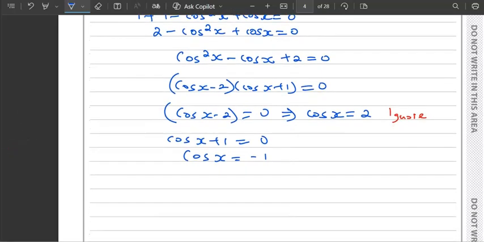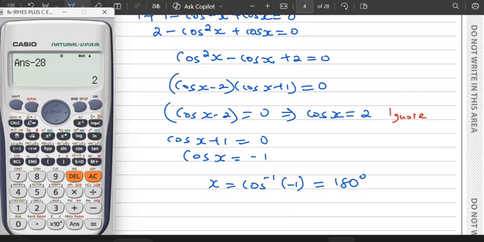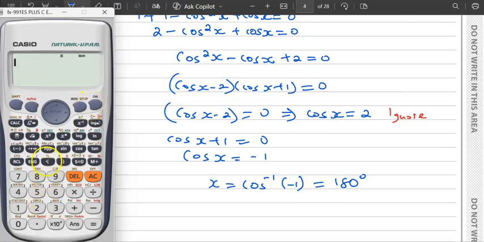Now we can get the value of x. So x will equal the cos inverse of negative 1, which is simply 180 degrees. If you try this with the calculator just to confirm, the cos inverse of negative 1 gives you 180 degrees.